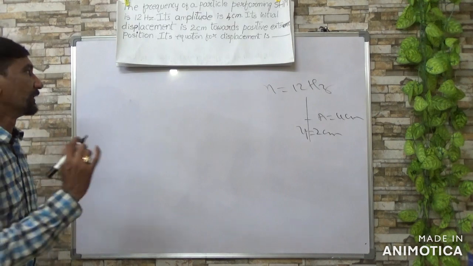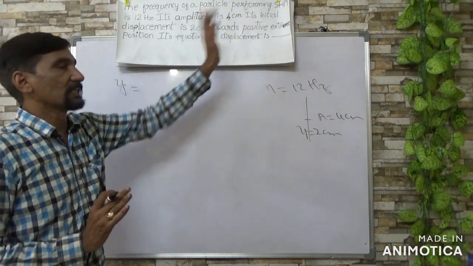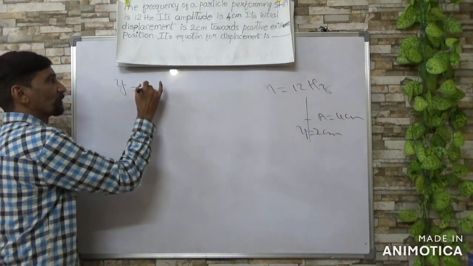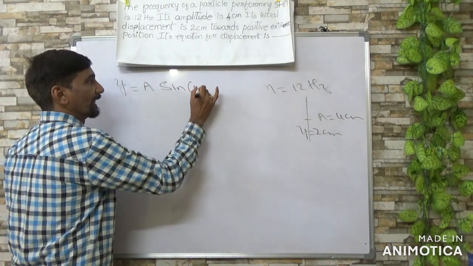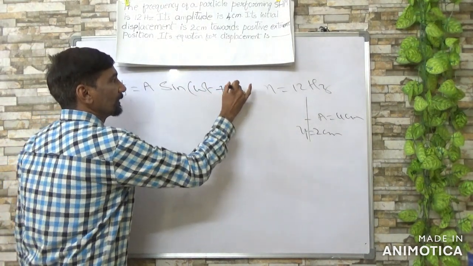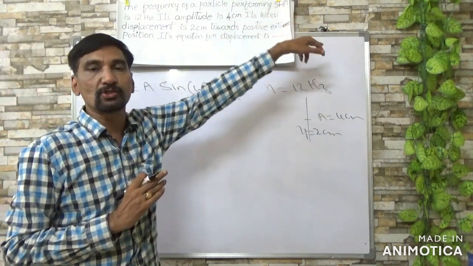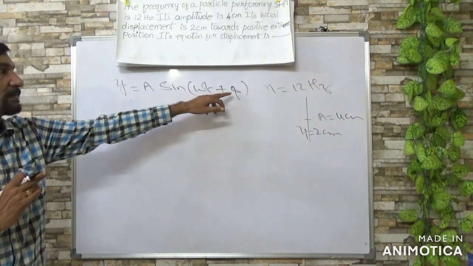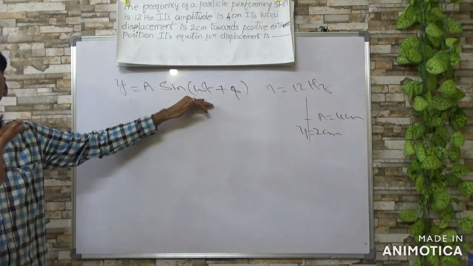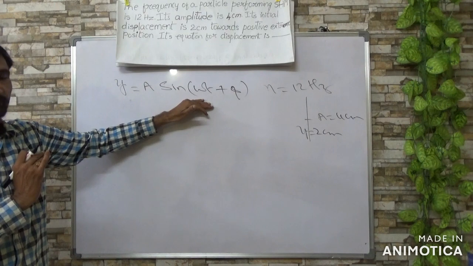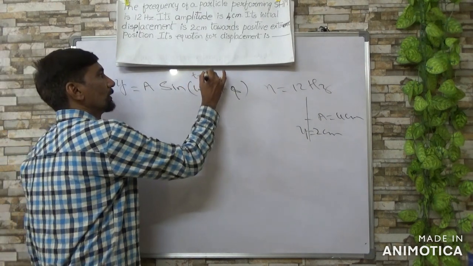So in order to find the displacement of a body executing SHM, it is given by the equation y is equal to a sine omega t plus or minus phase angle. Over here it is given positive extreme position. So that is why you can find the phase angle when t is 0, in the beginning. So taken plus, and in the beginning you want to know the phase angle.